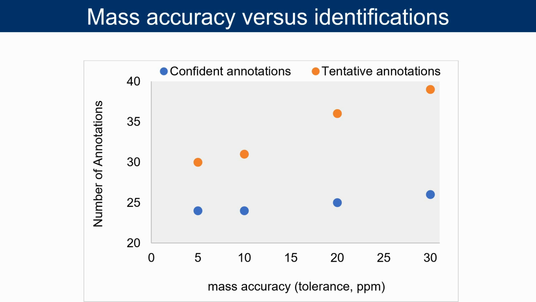Resolution definitely affects the number of true positives we're going to get, and the number of false positives. For example, in this case, these are numbers of confident identifications. One is tentative, one is confident.